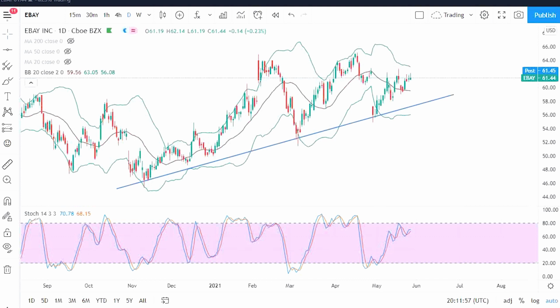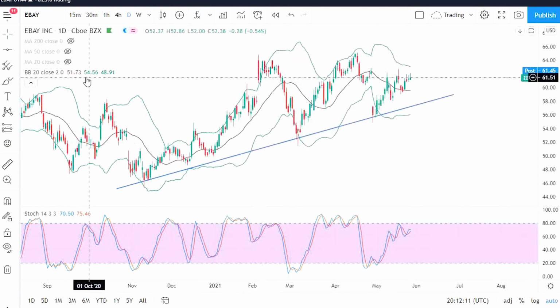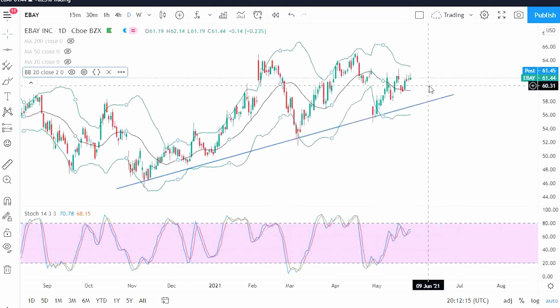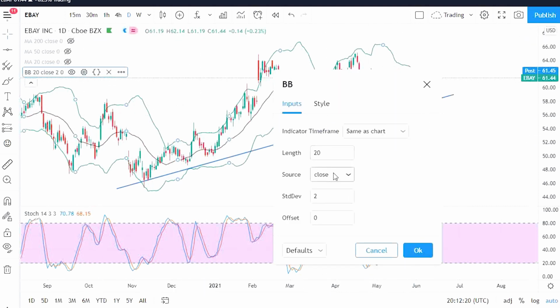Bollinger Bands come included in a pretty standard and common indicator. Bollinger Bands is one of my favorites, so I always have it right there. We're just going to keep the settings as they come at default: length 20, source close, 2 standard deviations.